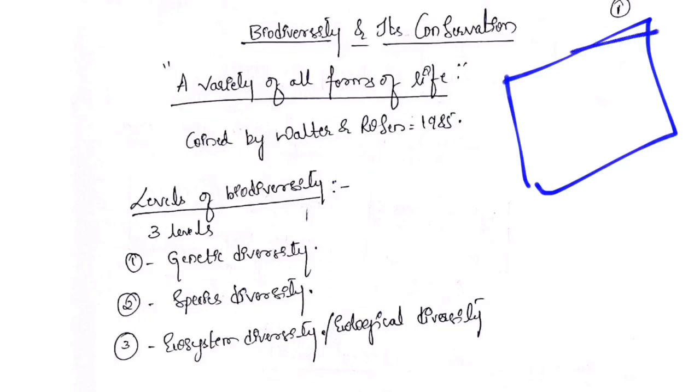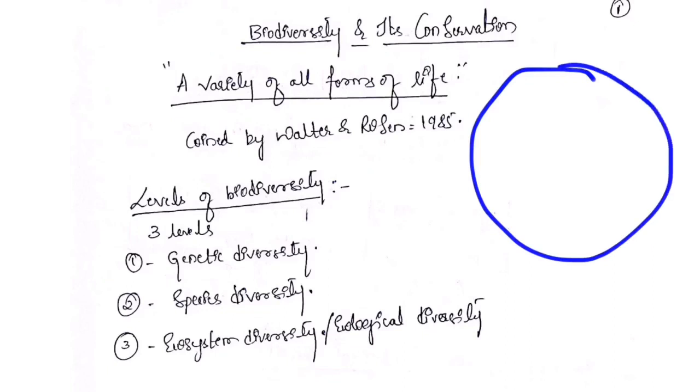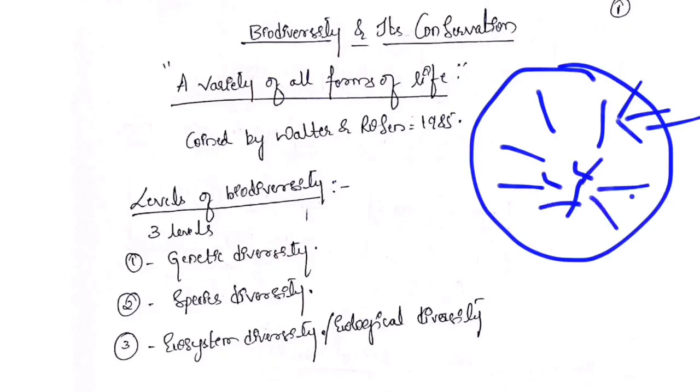So consider this as earth. We have got different species living within this earth. We have got plants, animals, microorganisms, macroorganisms. Within plants we have got different species of plants, within animals different species of animals, within microorganisms different species of bacteria, different species of fungi, different species of viruses.